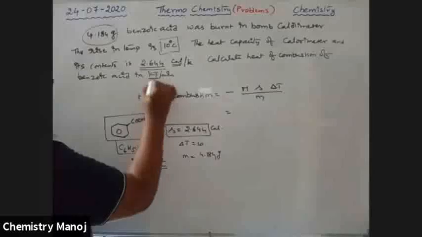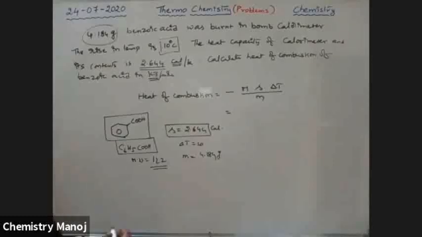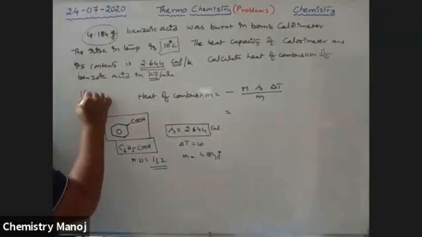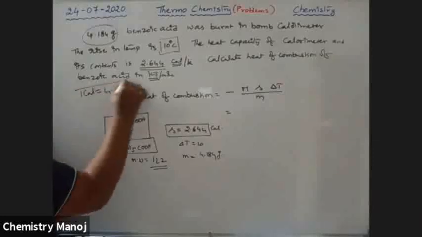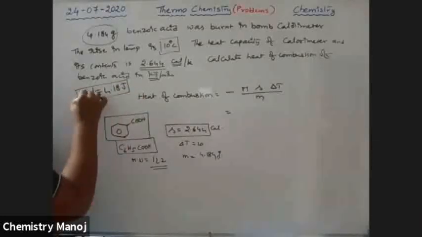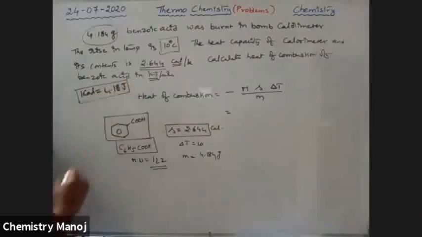Specific heat is in calories, but you want to calculate in kilojoules. So 1 calorie is equal to 4.18 joules.